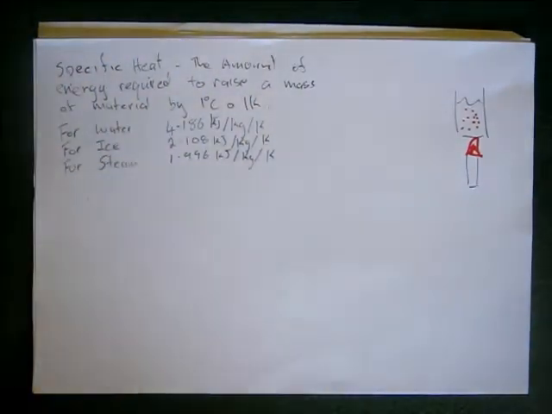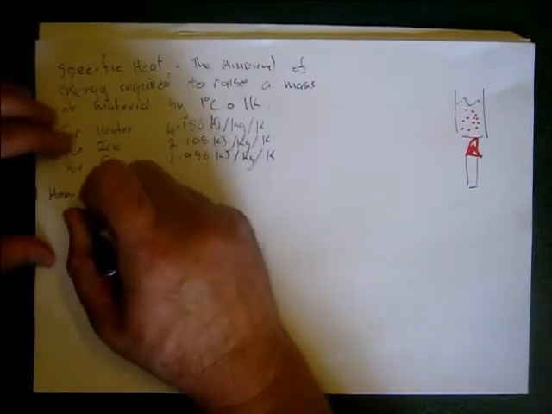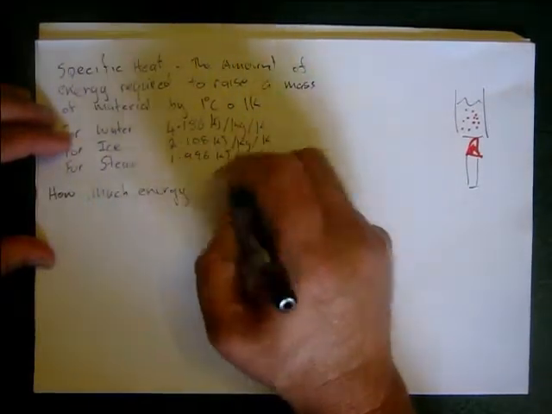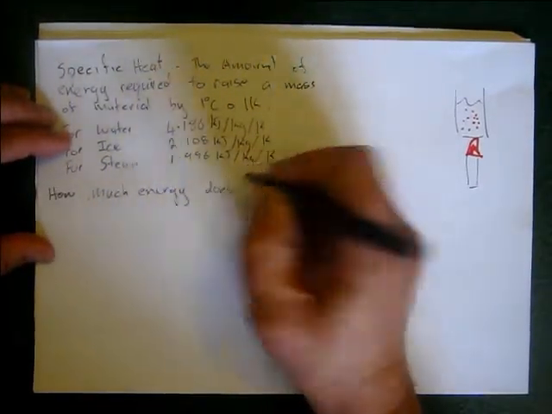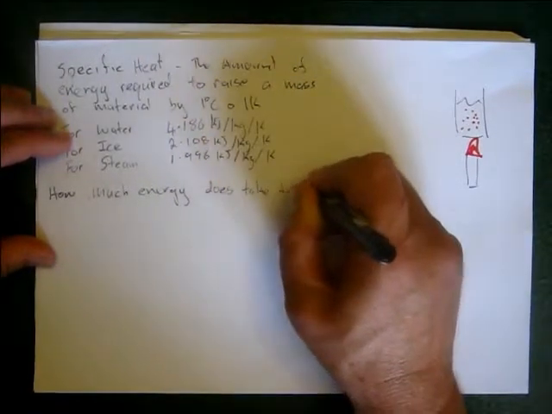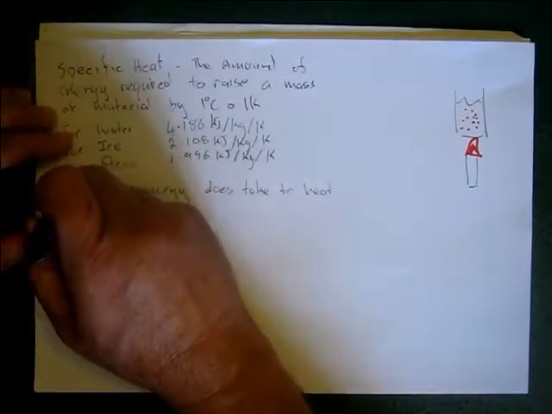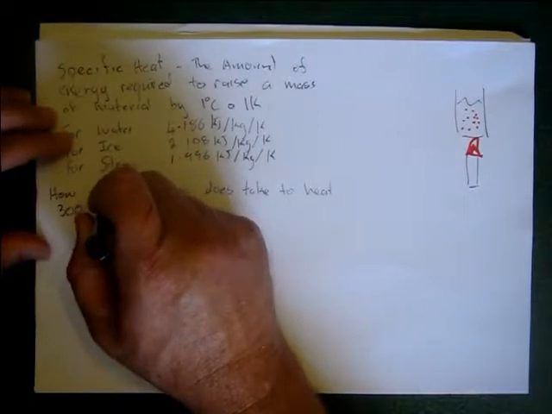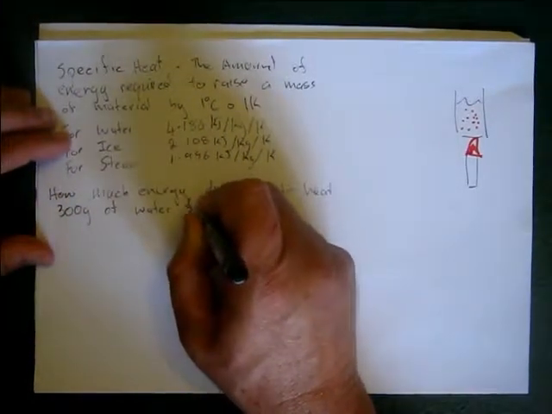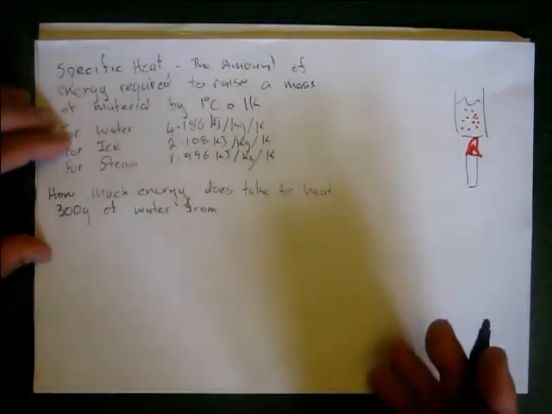So how does this actually work? Say I want to know how much energy it takes. I'm going to make a cup of coffee. So I put 300 mils in my jug, 300 grams of water, from, well, what's my starting temperature?